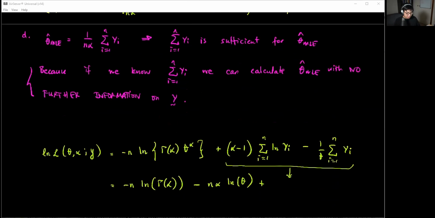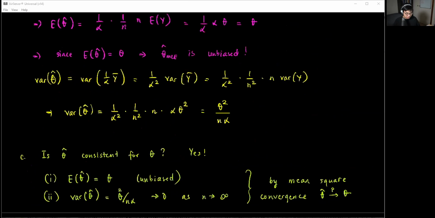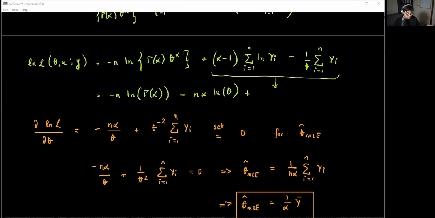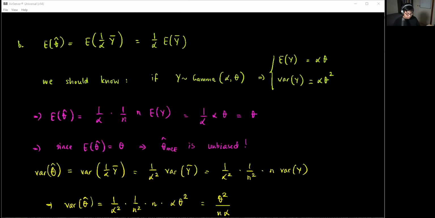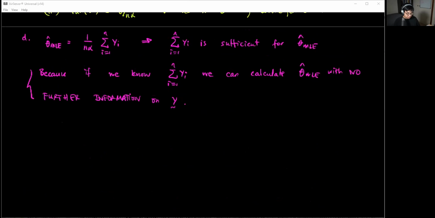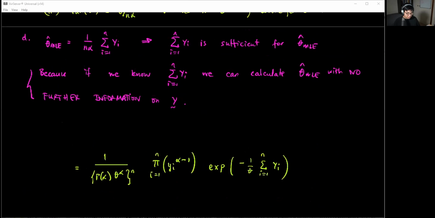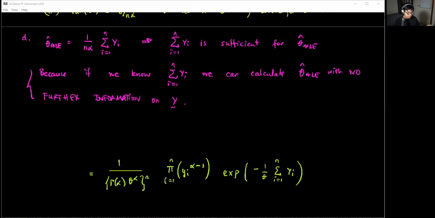Now, I realize I copied the log likelihood. So let me go back and copy the likelihood. This is the likelihood. Now let's do this, but try to do it formally.